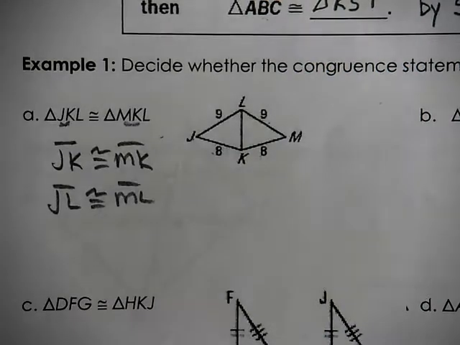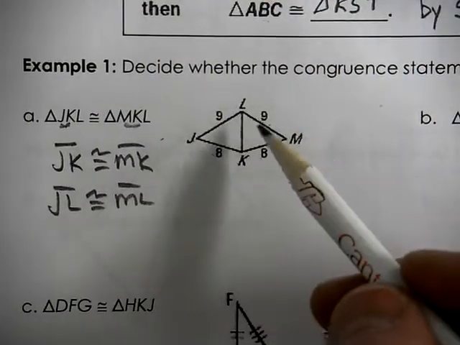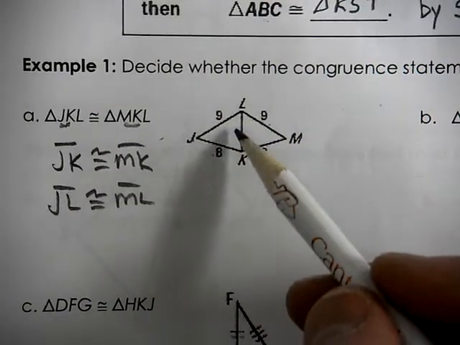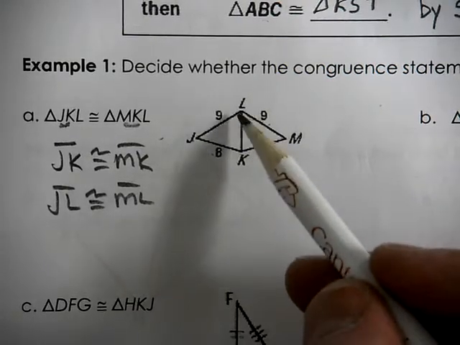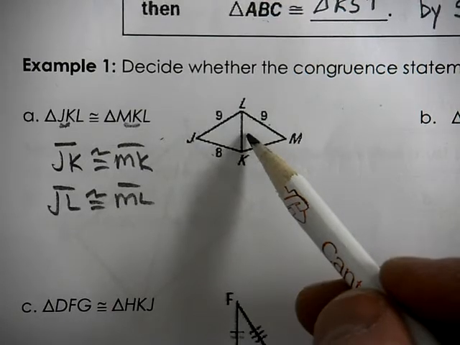But I'm looking for another set of numbers that match. I see that the 8s match, I see that the 9s match, but I have this other side, I don't know how long it is, and I don't know if it's congruent to this side of the triangle.